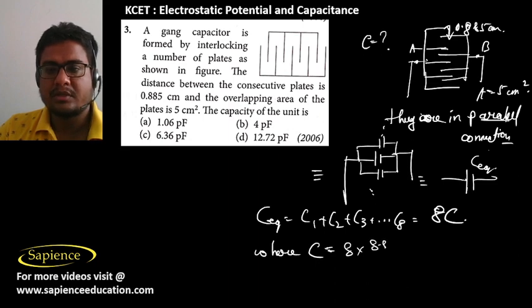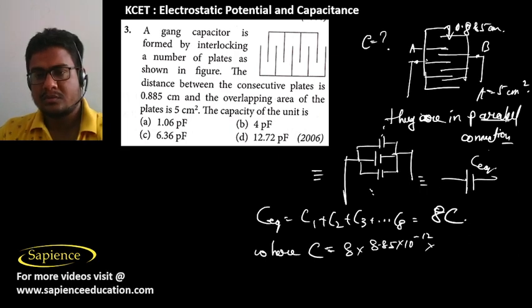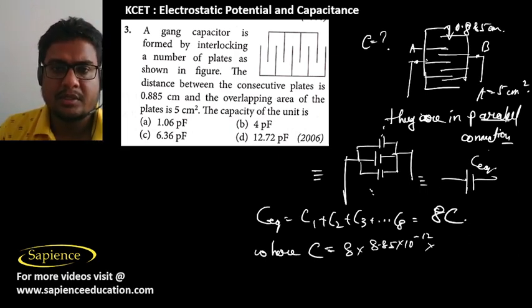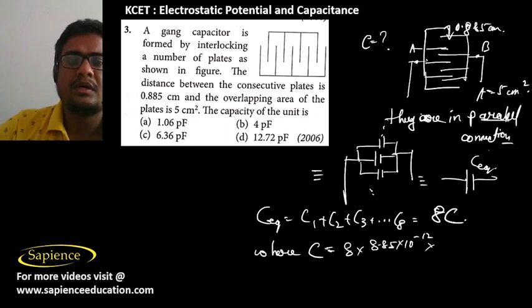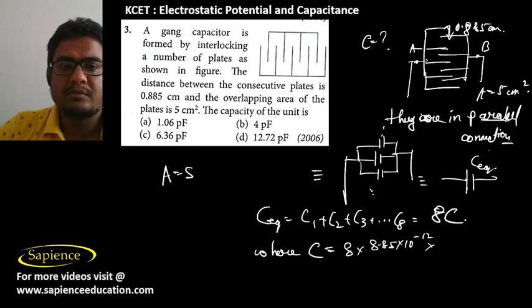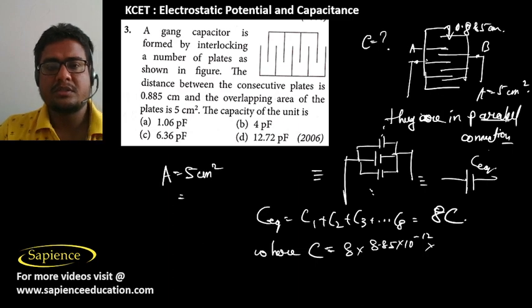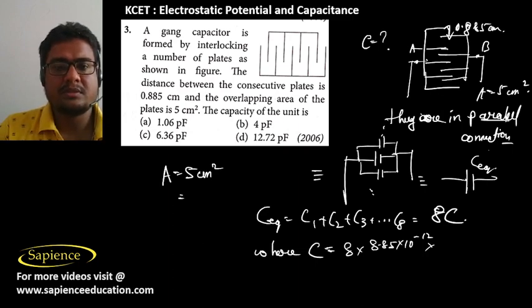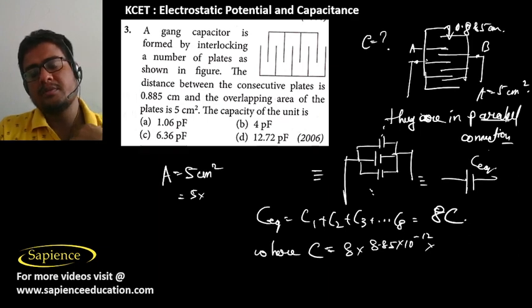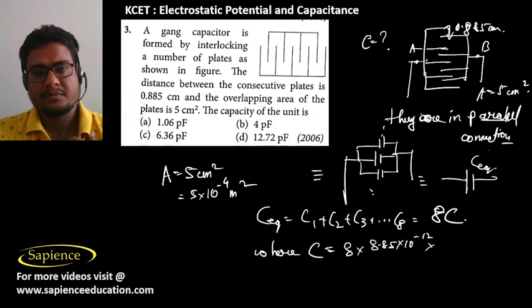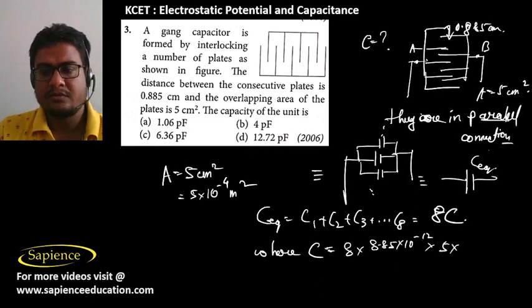Epsilon naught is 8.85 into 10 power minus 12. The overlapping area is 5 centimeter square, and we convert it into SI unit, that is meter square: 5 into 10 power minus 4 meter square.